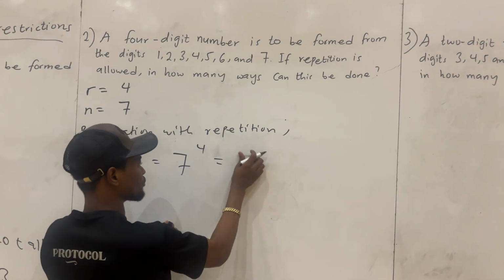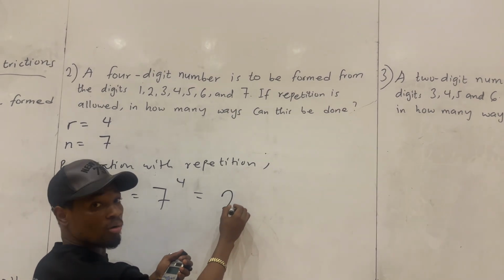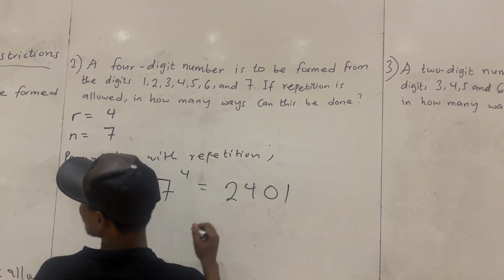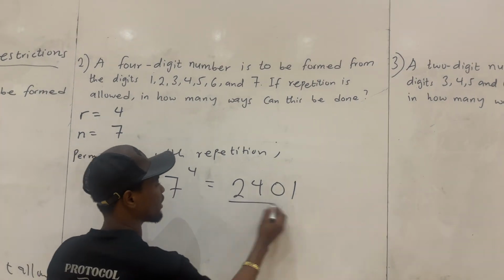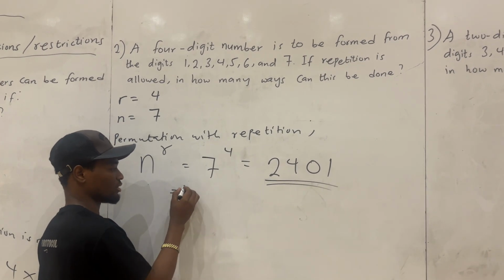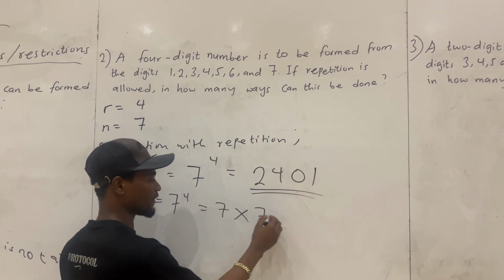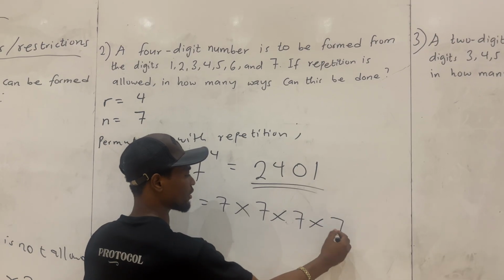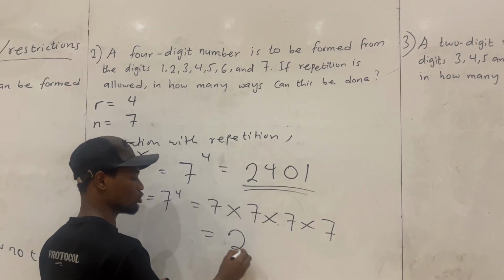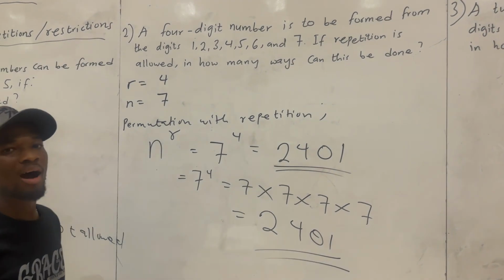This is the same as 7 to the power 4, which is 7 times 7, then times 7, then times 7, 1, 2, 3, 4, which amounts to 2,401. As simple as that.